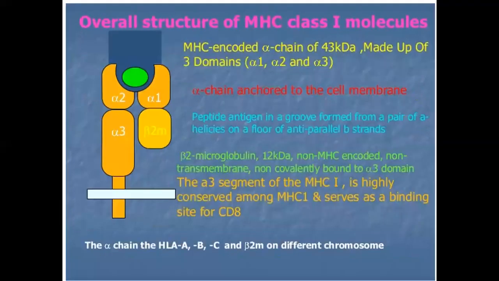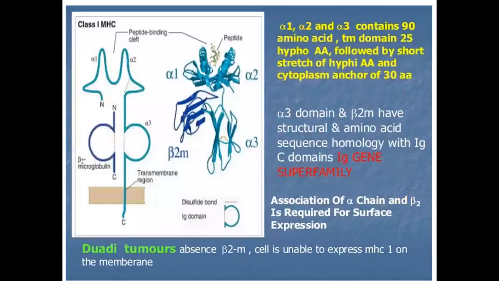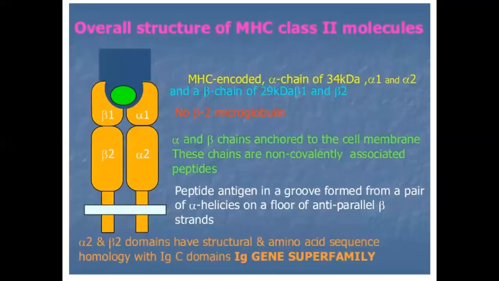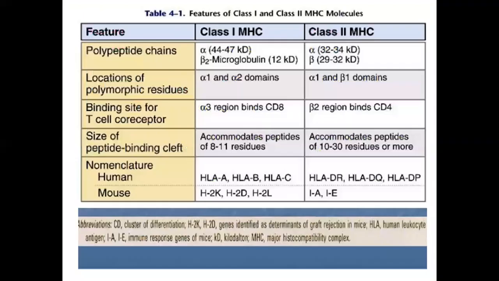Next, the overall structure of the MHC class molecules, class 1 and class 2 MHC molecules. I'll explain this overall, the features of class 1 and class 2 MHC molecules, summarized here.